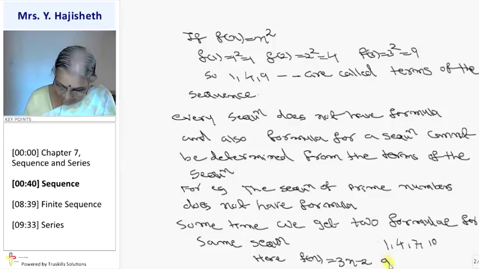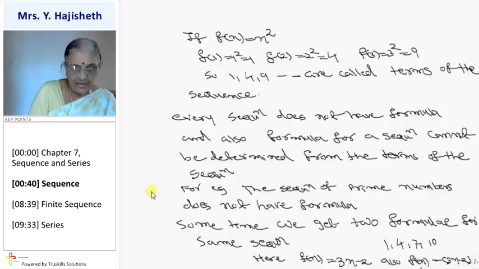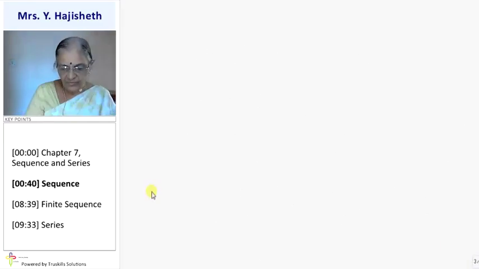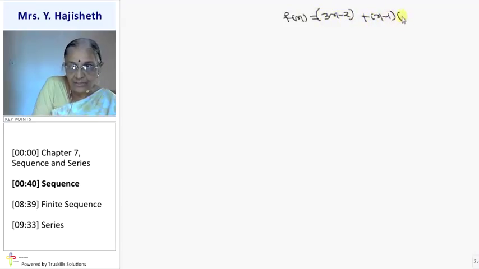But I can also write f(n) as 3n minus 2 plus (n minus 1)(n minus 2)(n minus 3)(n minus 4).